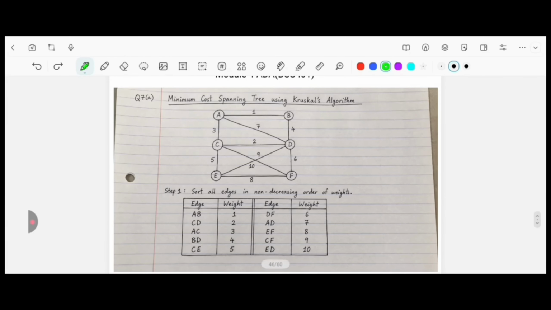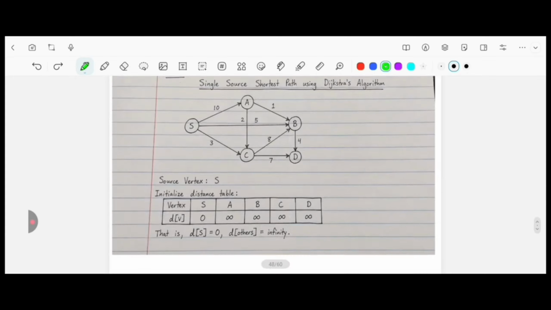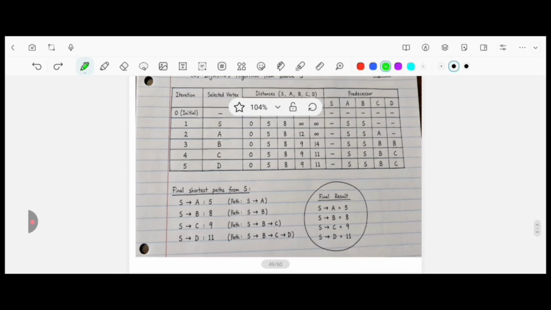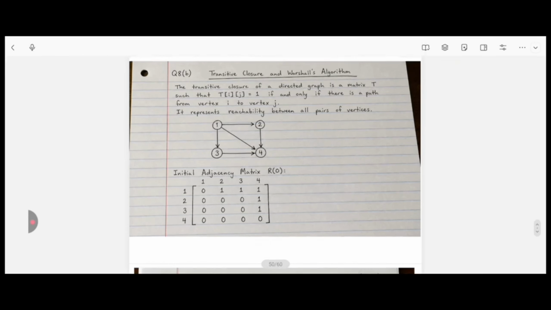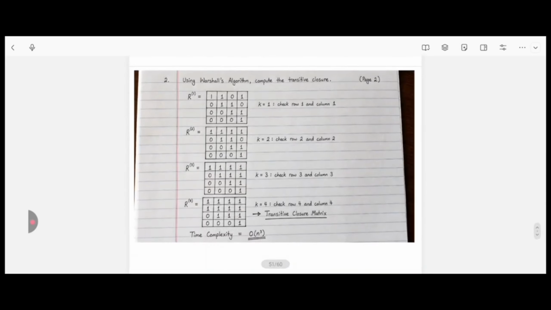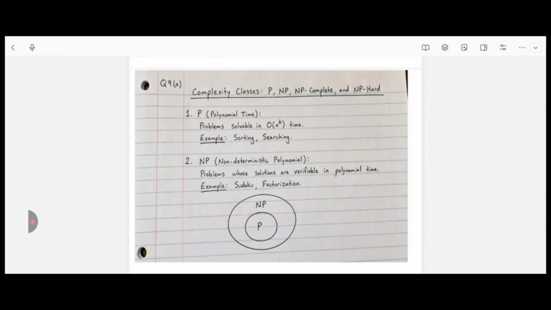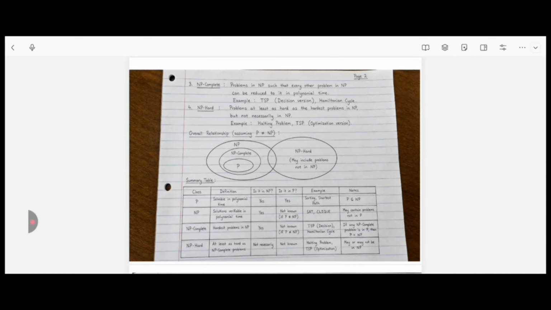Seventh A. Eighth A. Eighth B. This is the fifth module. Ninth B.